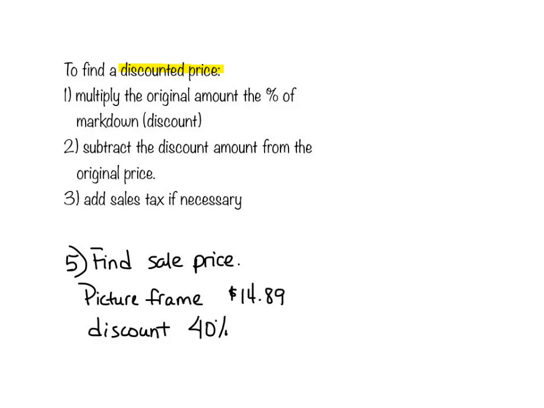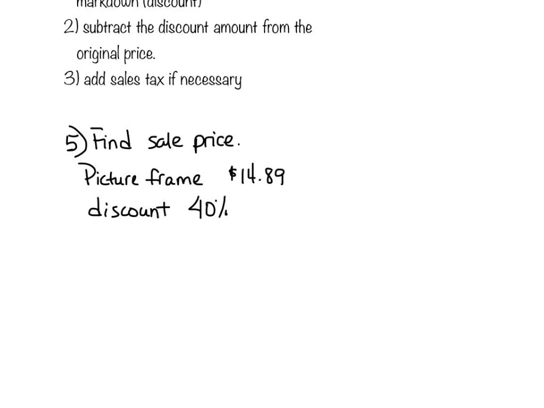Number 2, you're going to subtract the discount amount from the original price. And then number 3, you'll add sales tax if necessary. Okay, look at number 5. Find the sales price. We have a picture frame on sale, 40% off.